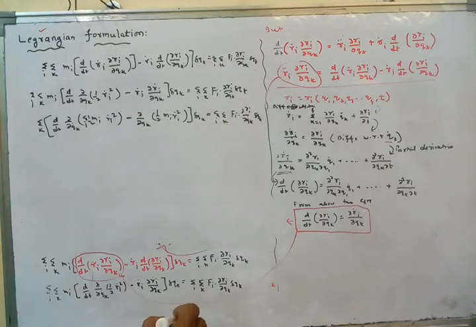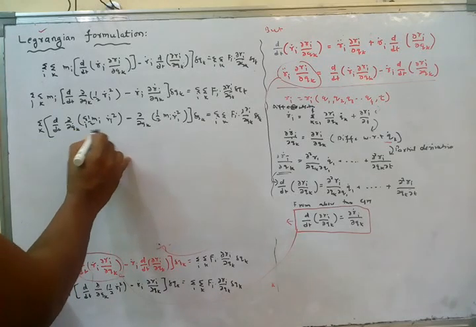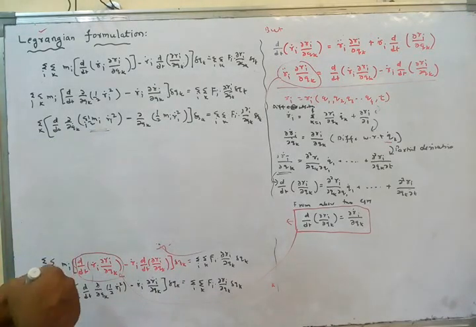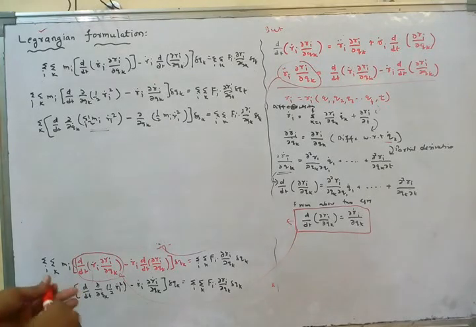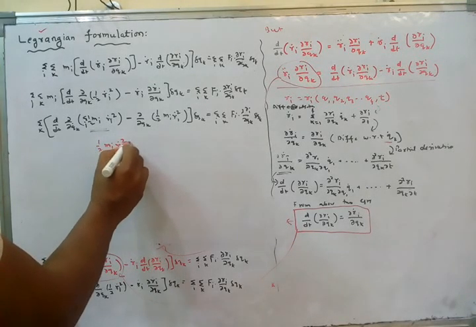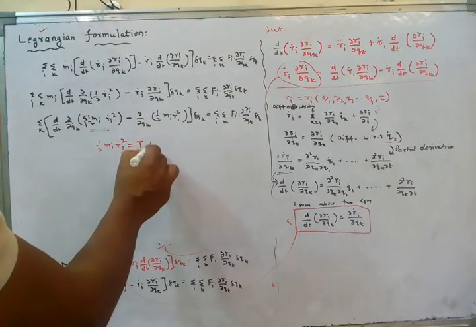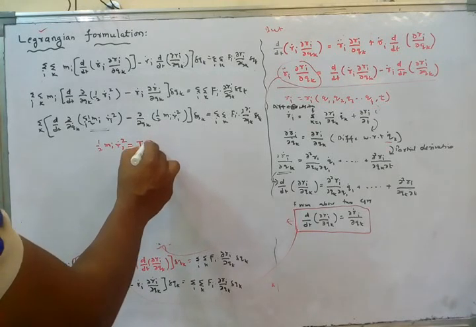Here, sigma half mi Ri dot squared is the total kinetic energy of the system.